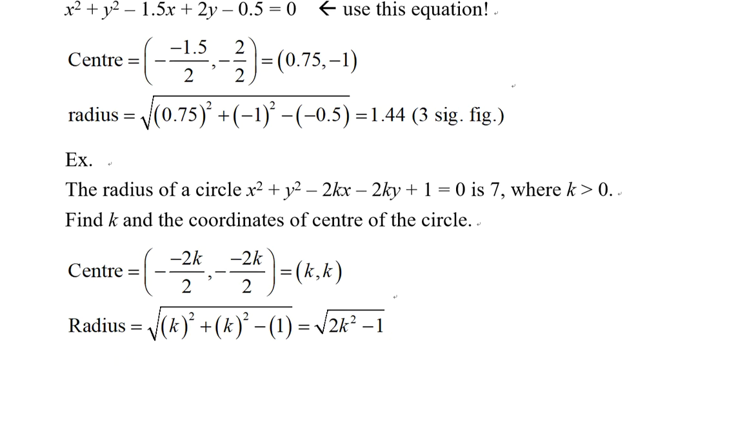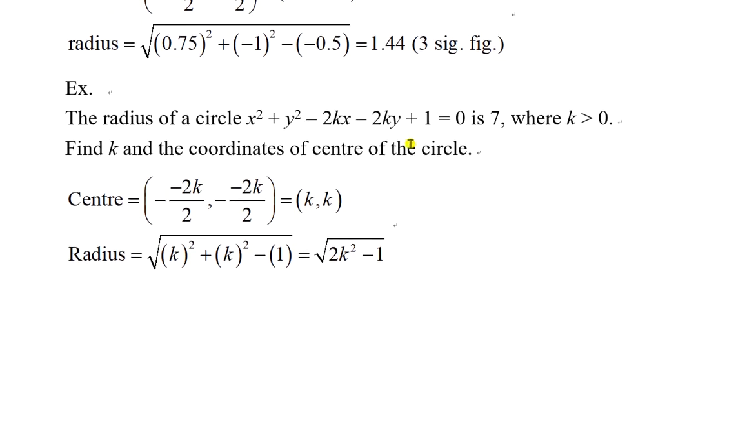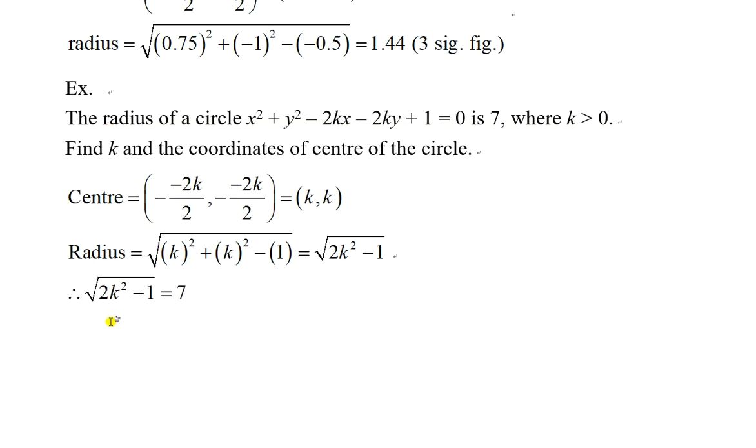But on the other hand, you can see that the radius is 7, which is given from the question. Therefore, square root 2k square minus 1 actually equal to 7. On the left hand side, you find the radius of the circle by the formula.